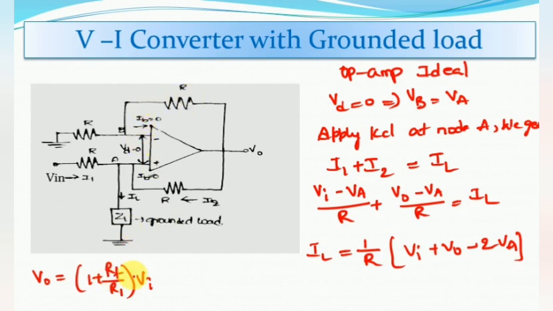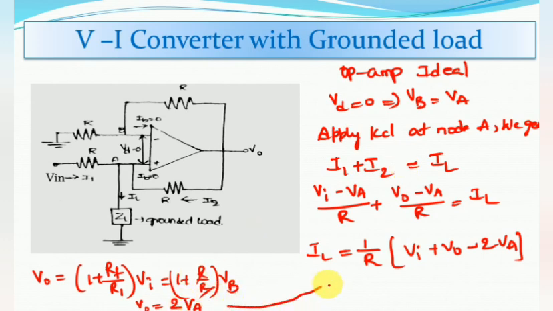RF is R and R1 is R, and here this input voltage is nothing but the potential at node B. So V0 is equal to 1 plus R by R into VB. So R gets cancelled, and finally the V0 value is 2 times VB. Since VB is equal to VA, I can write it as 2VA.